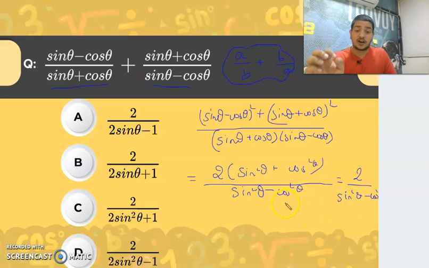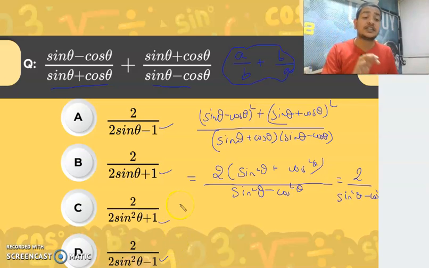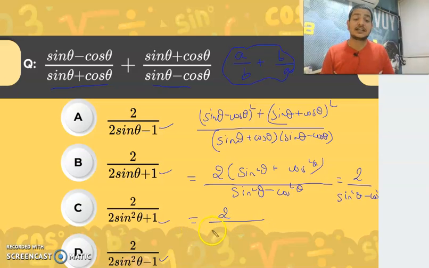Let's see the options. In the options, sin θ is given, so we cannot keep cos θ in our answer. We have to change that into sin θ. So we can write it as sin square θ, and minus cos square θ can be written as minus (1 minus sin square θ).